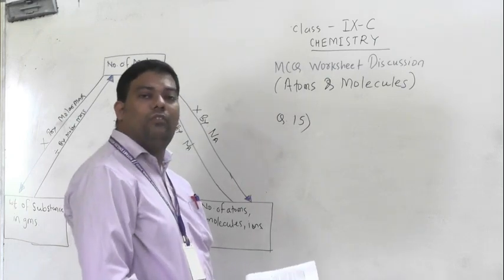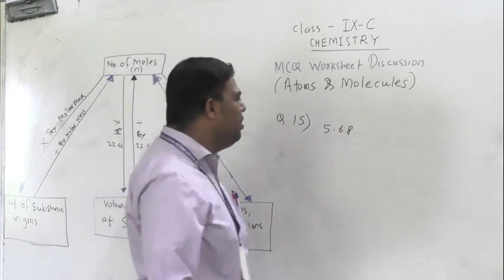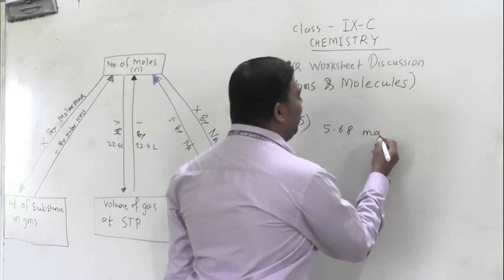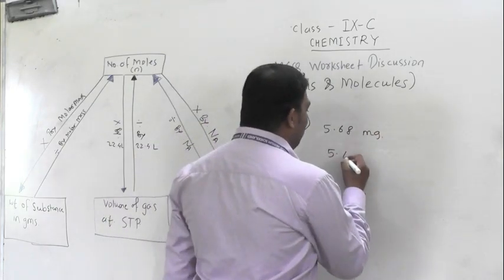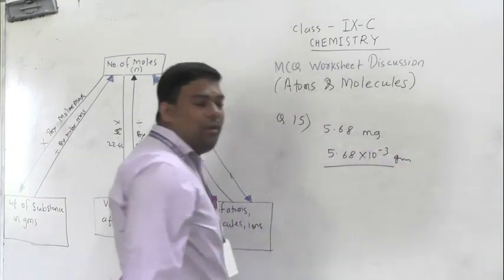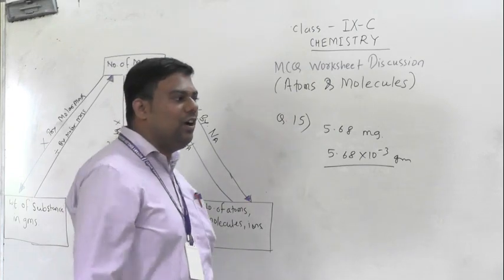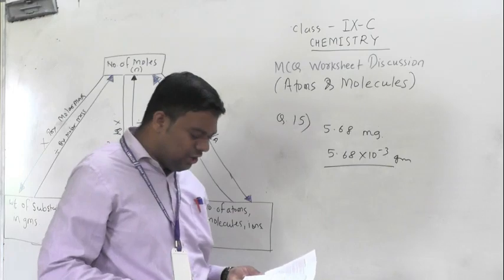Okay, so first they give 5.68 milligram. We have to convert milligram into gram. So 5.68 into 10 to the minus 3 gram, divided by, yes, the atomic mass, because it is silicon only.